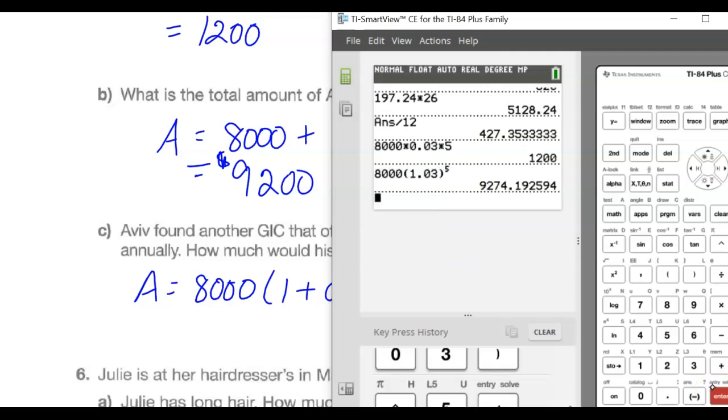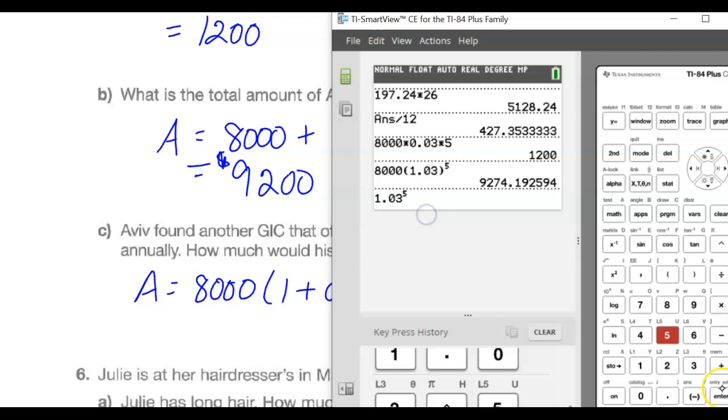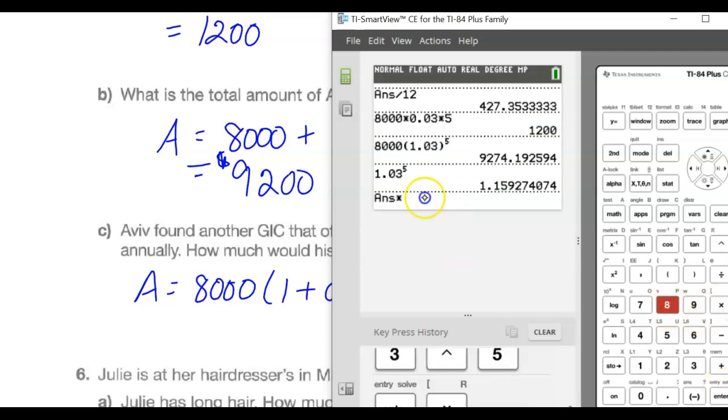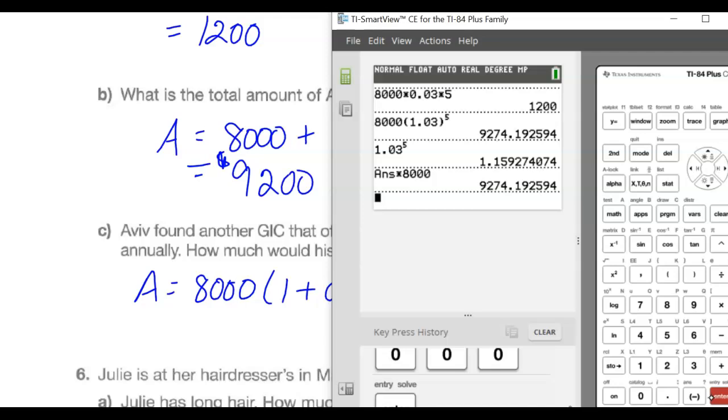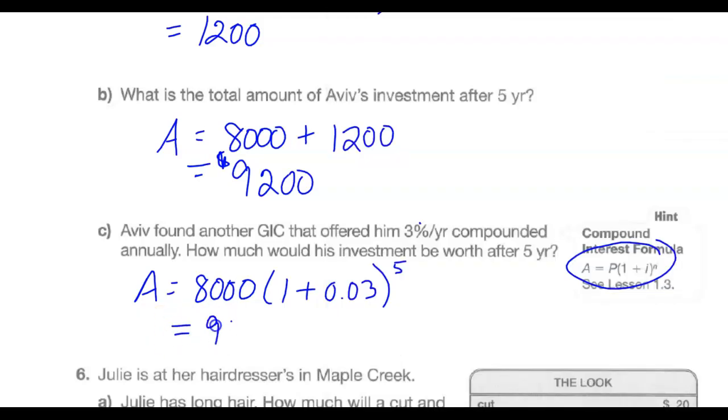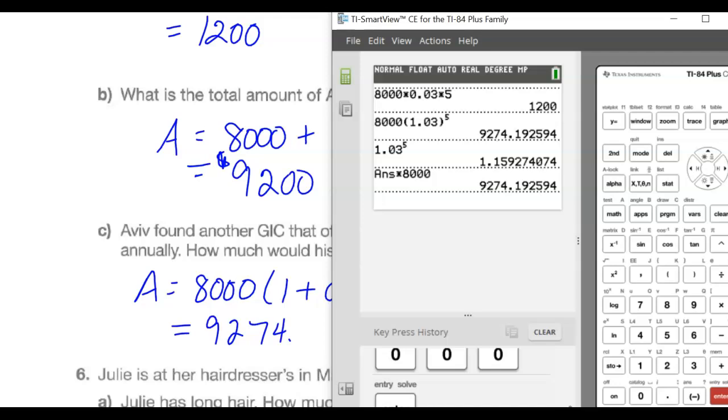Or if you have a scientific calculator, remember you can do the 1.03, you can add that in your head, raised to the exponent 5, then times 8,000, and you get the same amount. So $9,274.19. Sorry, and 19 cents.